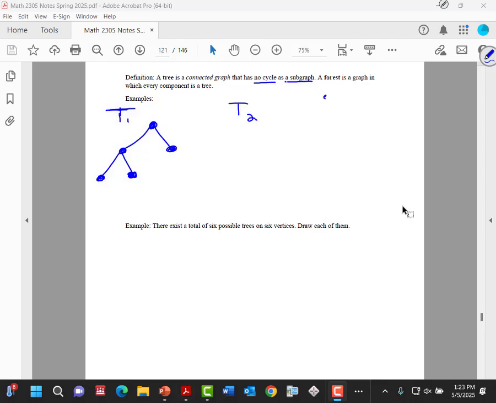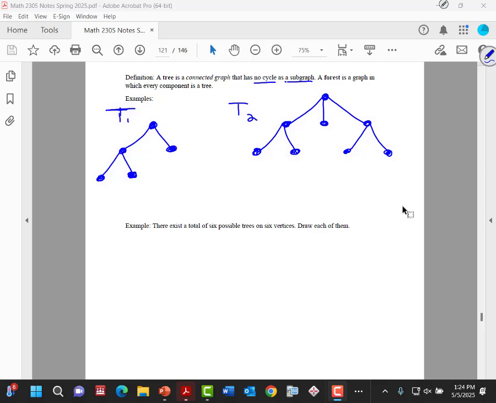T2. So a second example of a tree. So there's another tree example. This graph is connected, but has no cycle as a subgraph.